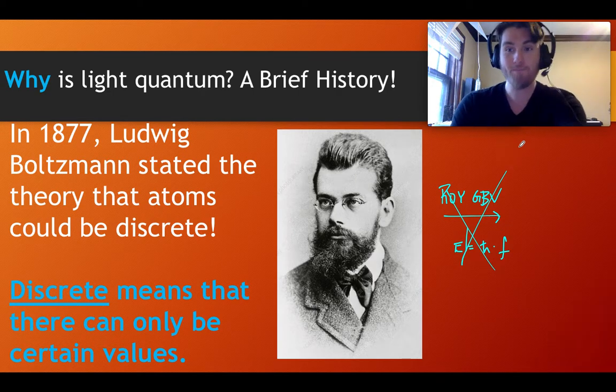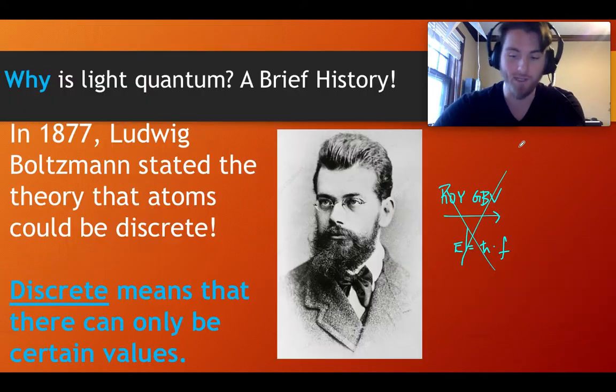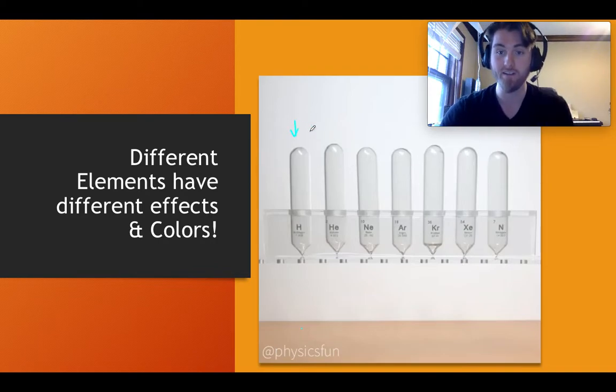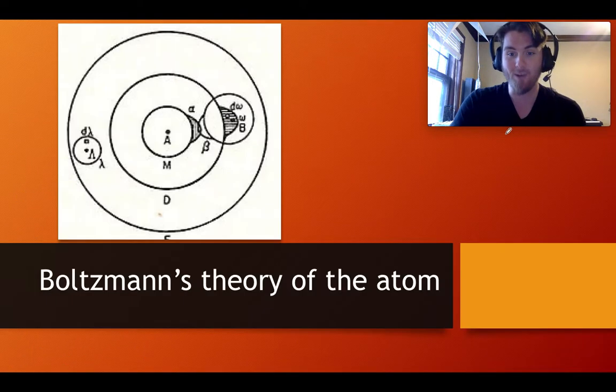Now, what ends up happening is that he starts talking, okay, well, dependent on whatever color it is, it has to be specific to that atom. He's saying that there's got to be something in hydrogen that makes it a different color than what is inside of nitrogen. And what he did is he drew this theory of the atom.